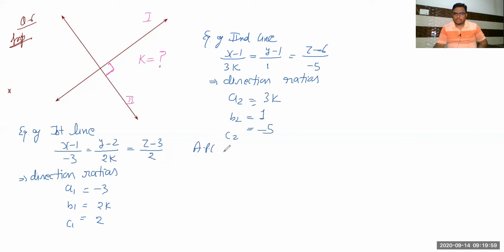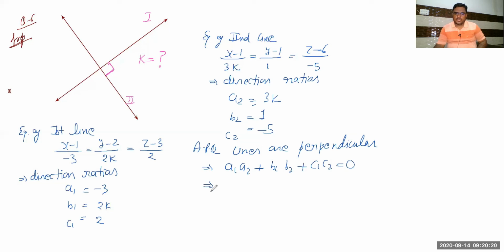According to the question, lines are perpendicular. So when the lines are perpendicular, then we have a condition: a1 a2 plus b1 b2 plus c1 c2 is equal to 0.